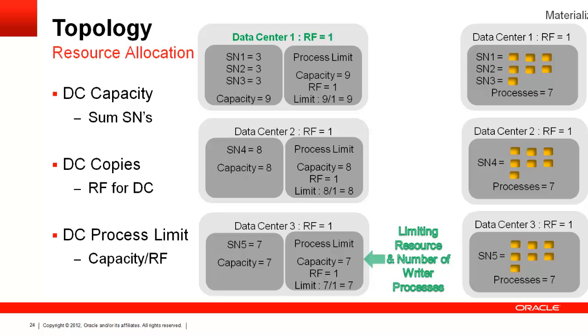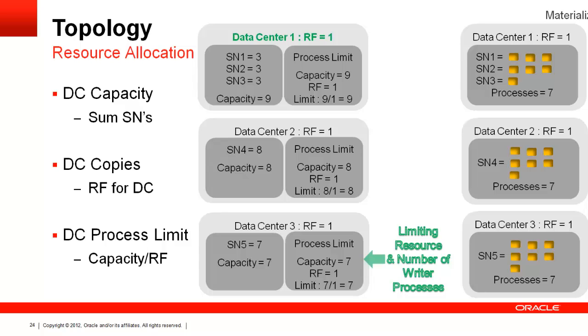So now you have a capacity of 9 with only 1 copy, gives you a process limit of 9 in data center 1. It's still 8 in data center 2, and it's still 7 in data center 3. So the smallest number ends up being data center 3. It's 7. So 7 is the maximum number of processes you can have on any node. So if you look at the picture on the right, you can see, follow the same process.